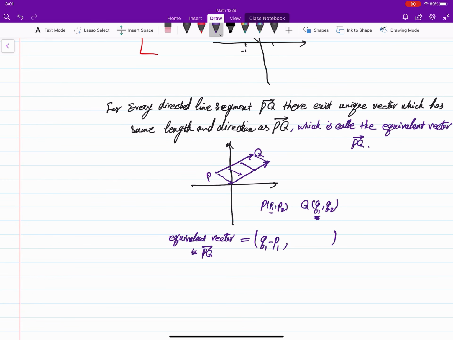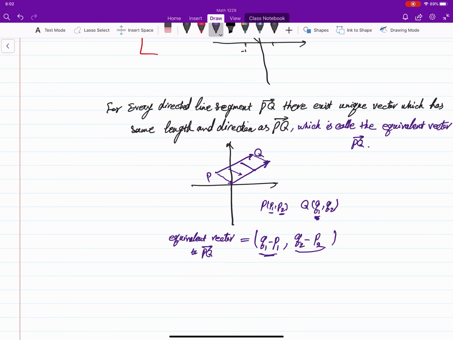That's the first component of the equivalent vector. For the second component, you pick the second coordinate of the end point minus the second coordinate of the starting point. End point minus starting point, you do it component by component.